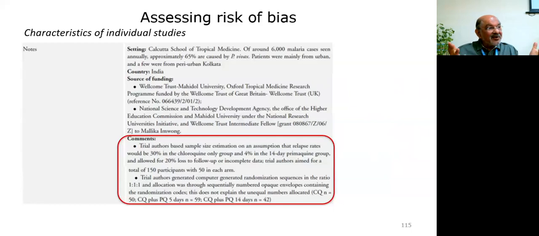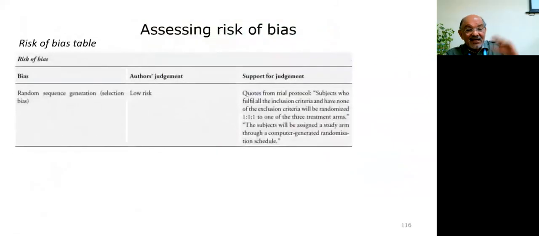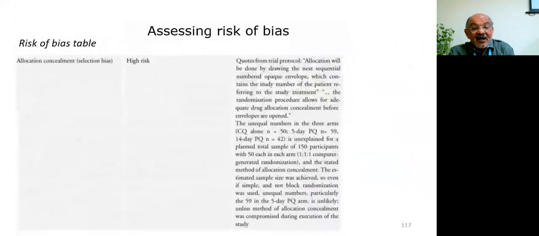Yeah. It clearly means that the allocation concealment was not done. Somebody, somewhere, the code got mixed up, which is why you got unequal numbers. Because if they did, as they said, there'd be only 50 for each group. You cannot get 59. So something went wrong here. So when we assess the risk of bias, random sequence generation, they had computer-generated randomization schedules, so low risk.